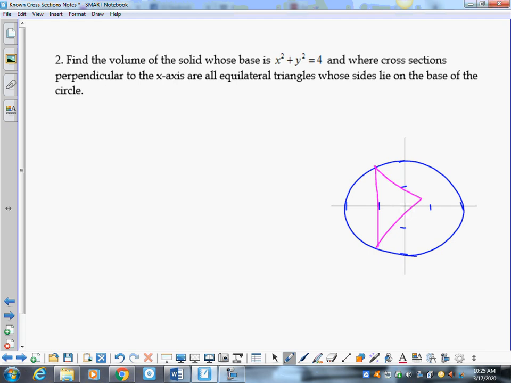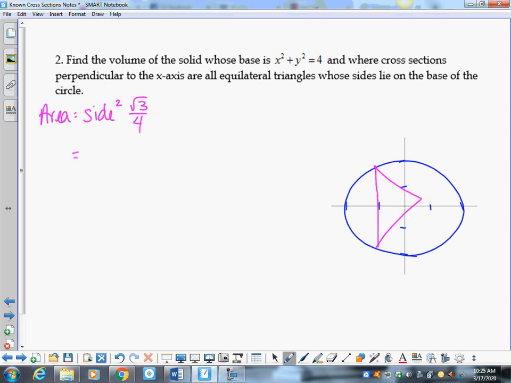Okay, so first I'm going to find the area of an equilateral triangle. And that is side squared times root 3 over 4. So right now I'm not doing any calculus whatsoever. I'm finding the formula for the area of one triangle.